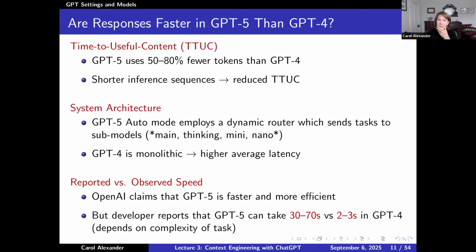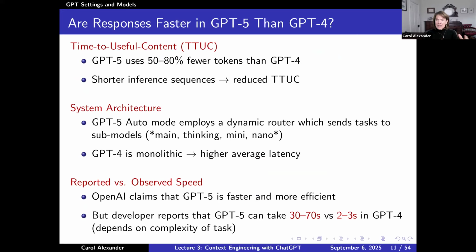So are responses faster in GPT-5 than GPT-4? I often find not. The way you measure responses is something called TTUC, time to useful content. In other words, how long does it take between your prompt and actually getting the full reply?